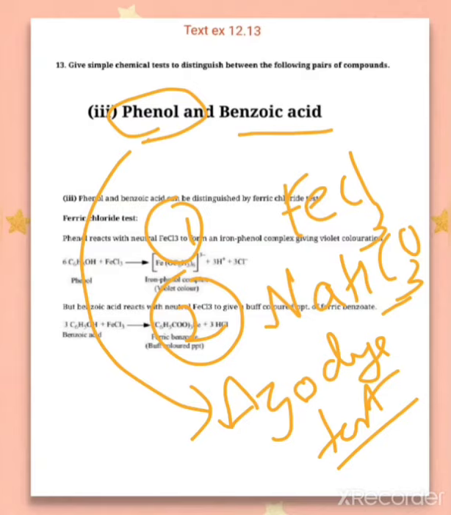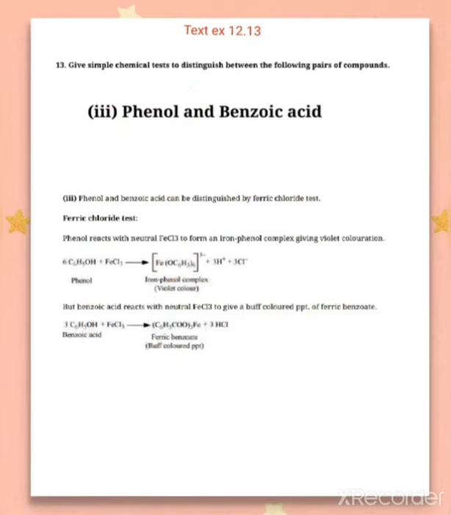So you can write any one of the tests, either the ferric chloride test or the sodium bicarbonate test, which are given by benzoic acid, or the azo dye test, which is given by phenol but not by benzoic acid. Whichever test you write, write the equation also. We have already learned the equations for these, so you need to write any one of the tests and its equation.